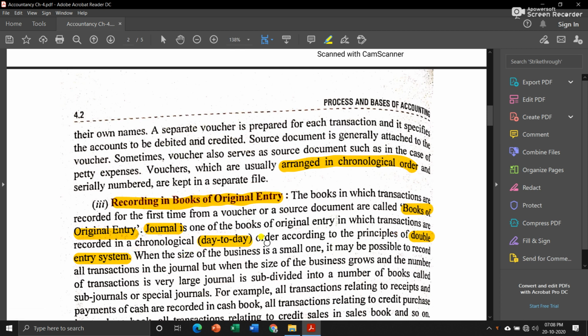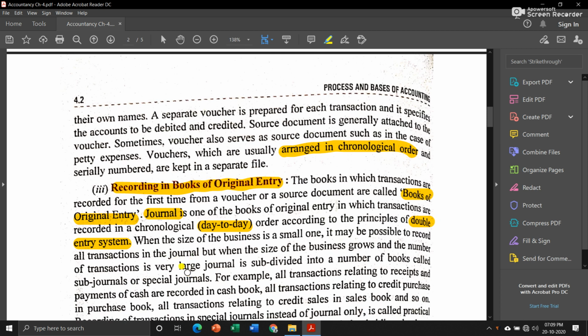When the size of a business is small, it may be possible to record all transactions in the journal, because we will have a limited number of transactions and we don't need a big book. But if the size of the business grows or the number of transactions is very large, it is quite difficult to prepare a journal.